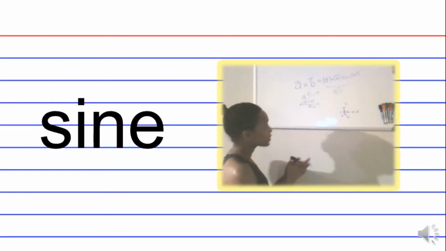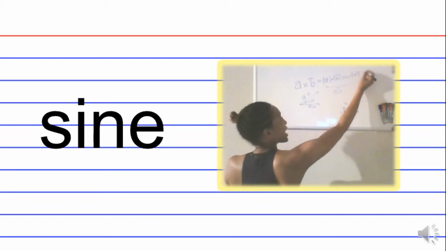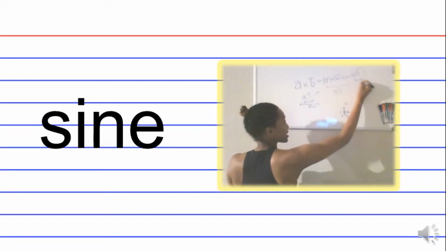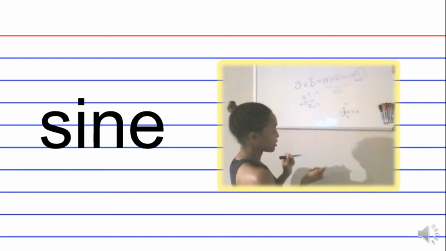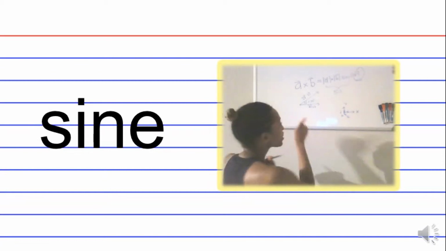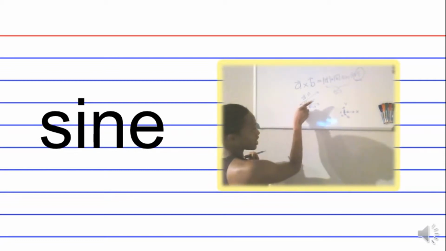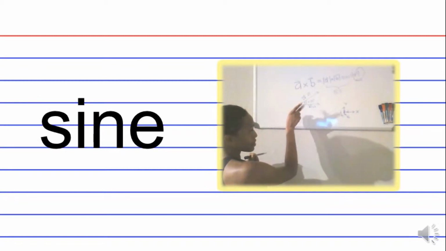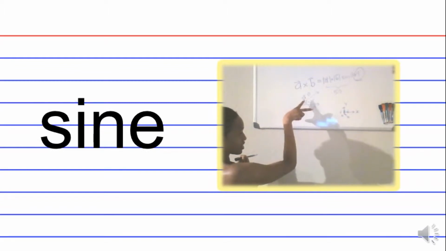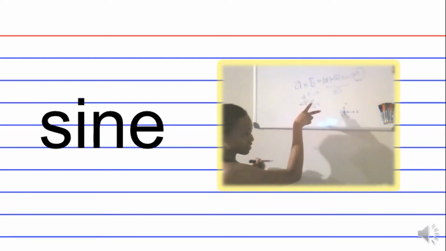So in order to determine which way n is pointing, you have to take your index finger and point it in the direction of the first vector, which is vector A. Take your middle finger and try to point it in the direction of the second, which is B, and it starts to get a little uncomfortable.